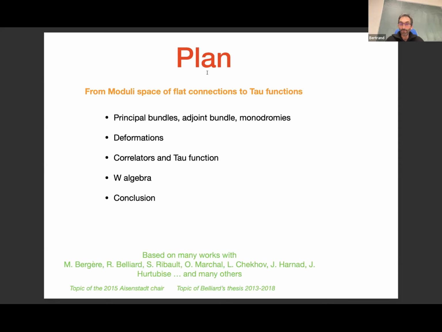Some of it was used in these papers with Hurwitz numbers. What I'm going to talk about is also very close to the topic of when I came for the Eisenstadt chair in 2015, where I was trying to present many of these things that I'm going to talk about today.